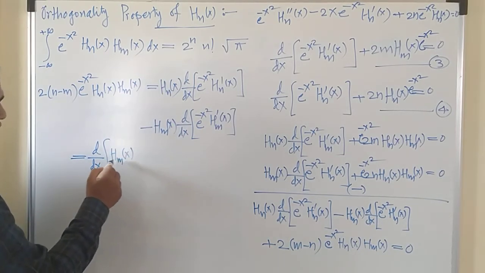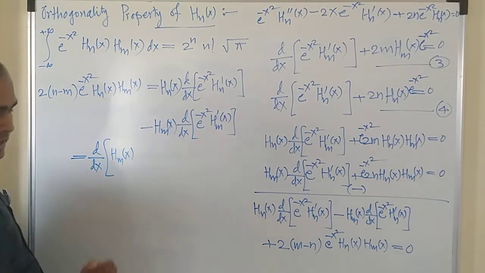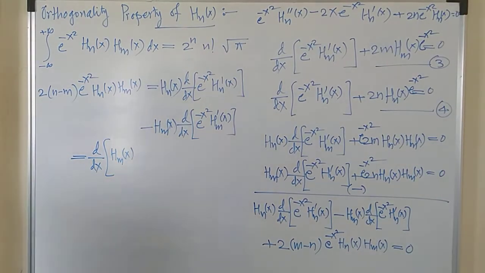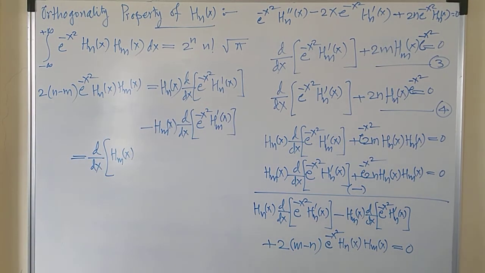This is the first term, that means u, and e raised to minus x square into Hn dash of x is the second.